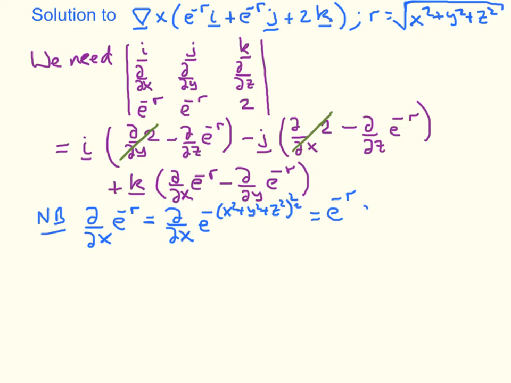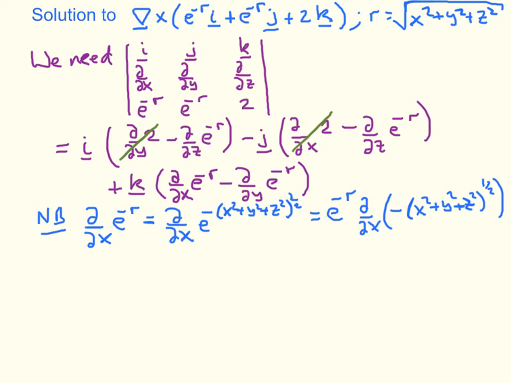So that is d by dx of minus x squared plus y squared plus z squared, all to the power of a half. Now, when we differentiate this, we pull the half down, reduce the power to minus a half, and then multiply by the derivative of the argument, which will give us 2x.